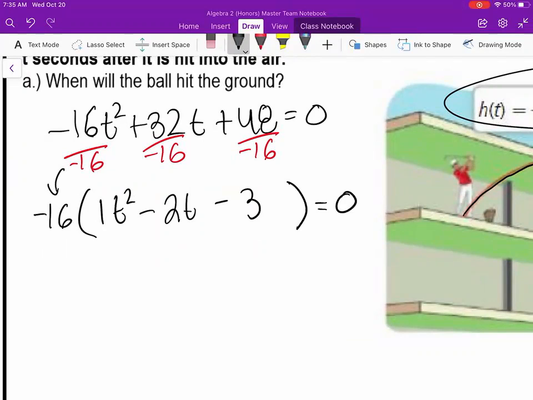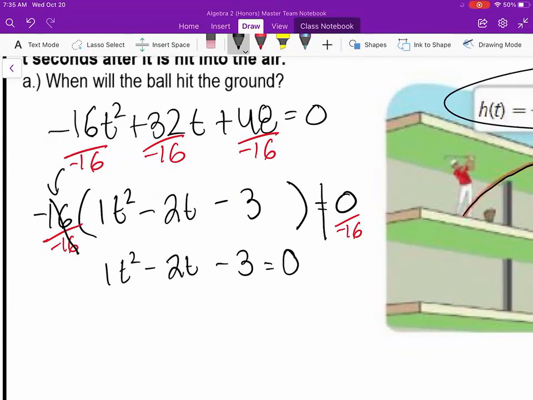Now, because we do have an equation, we can actually get rid of that negative 16 by dividing it to the other side. And this is doable because we have an equation and we can keep it balanced. So that's gone. So I'm left with 1t squared minus 2t minus 3 equals 0 divided by negative 16, which is just 0.